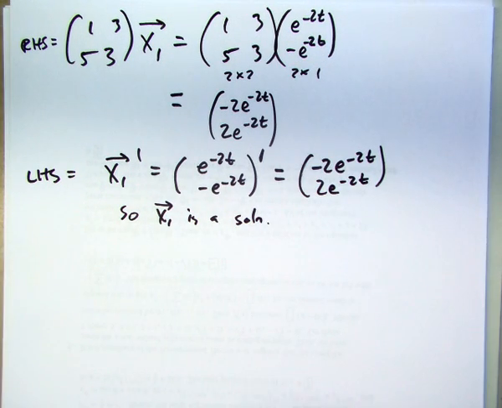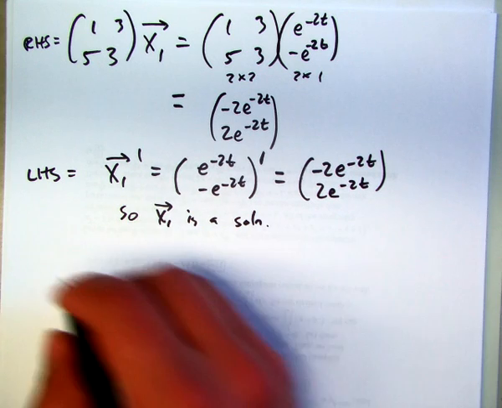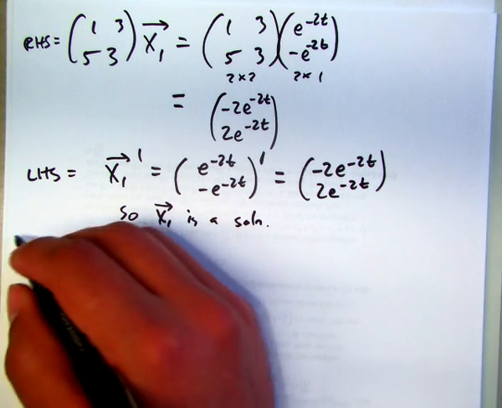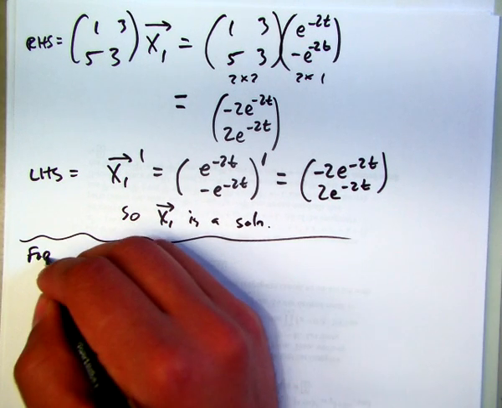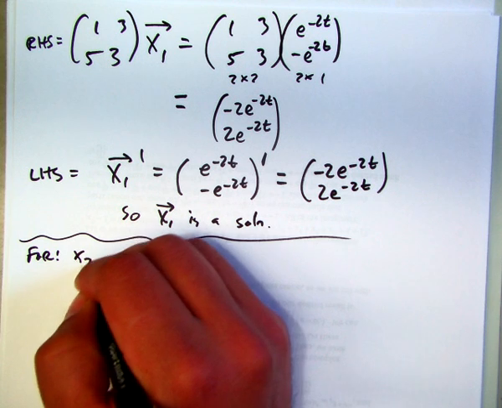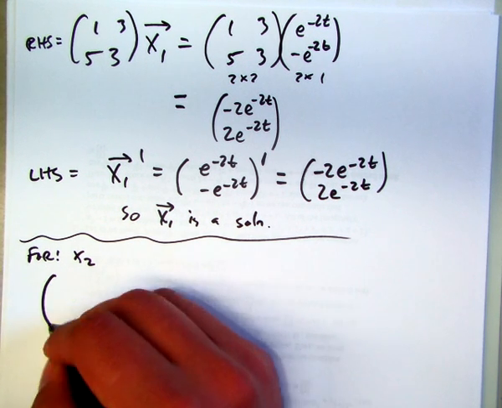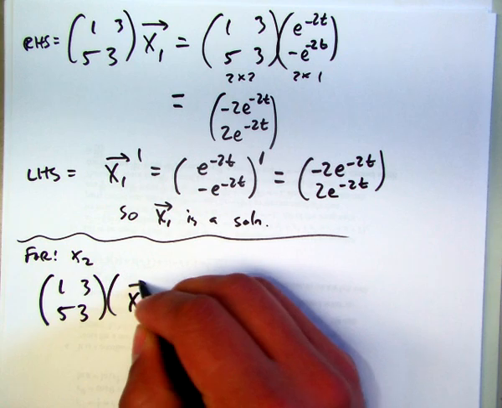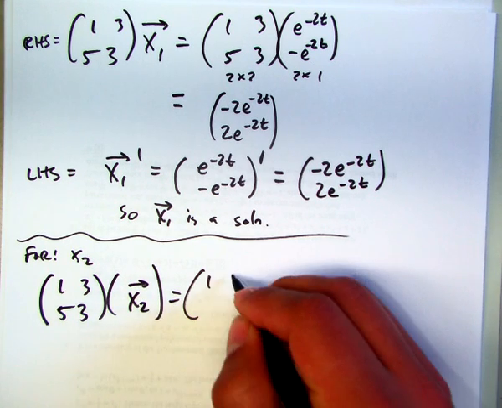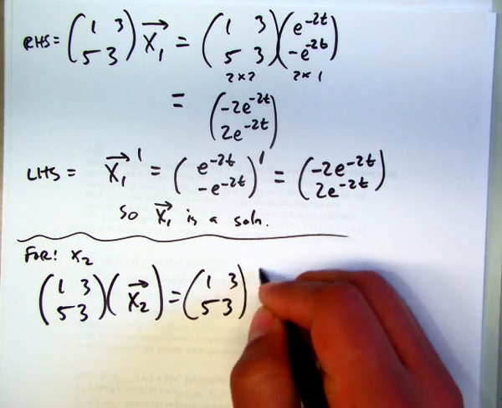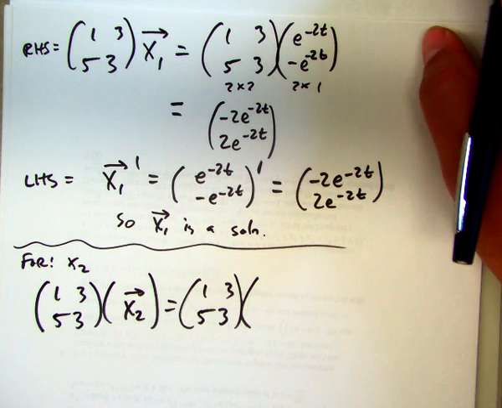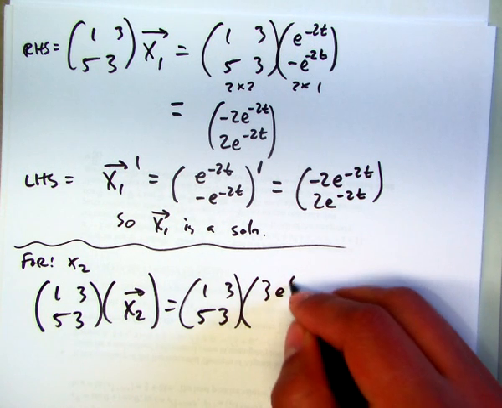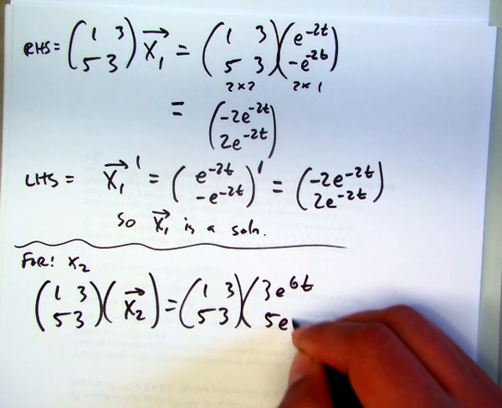And if we go ahead and repeat for x2, the 1, 3, 5, 3 times x2 is 1, 3, 5, 3 times, what was it? 3e to the 6t, 5e to the 6t.